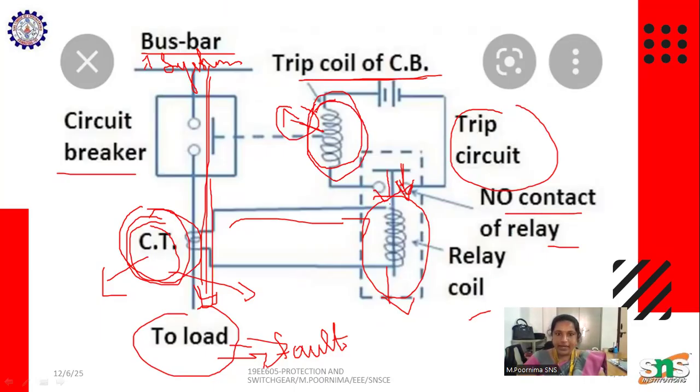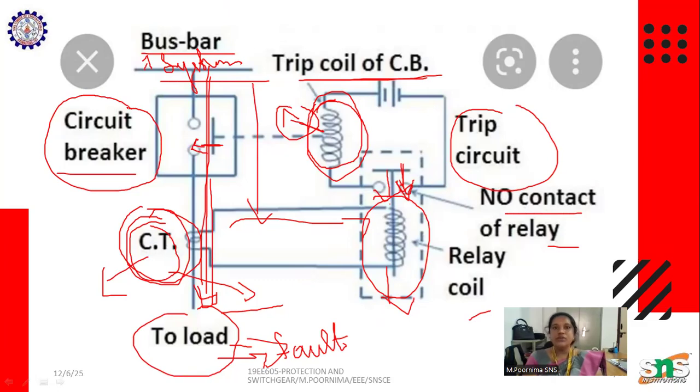When this coil gets energized, the circuit breaker operates, and finally the system and the load are isolated with the help of the circuit breaker. This is the basic working of a circuit breaker.